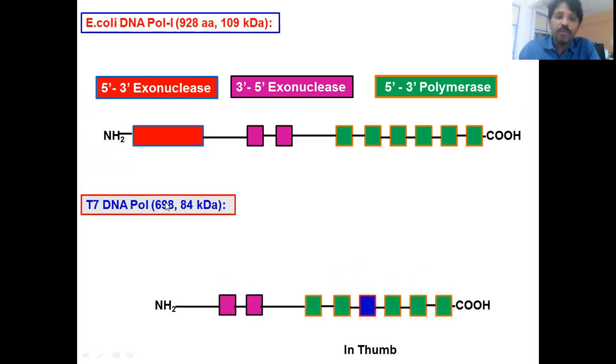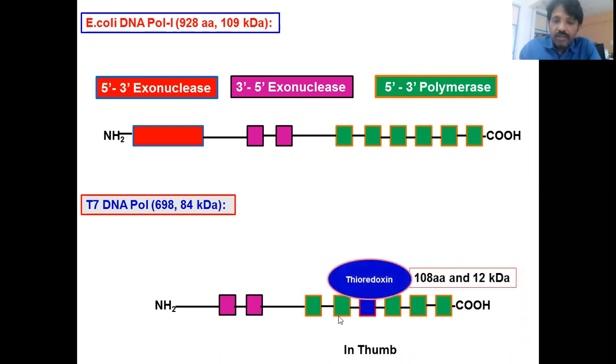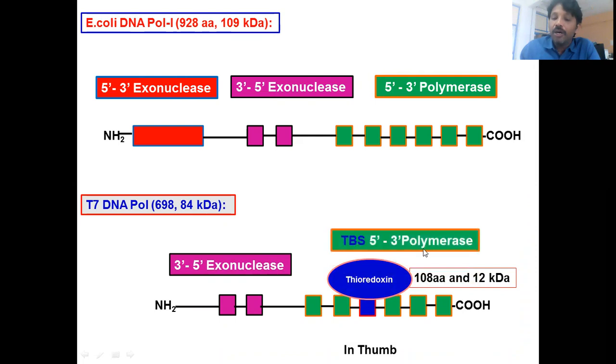T7 DNA polymerase has 698 amino acids and its molecular weight is 84 kDa. And if you see, it has only two domains when compared with E. coli DNA polymerase 1. So this enzyme has only two activities, that is 3' to 5' exonuclease activity and 5' to 3' polymerase activity.